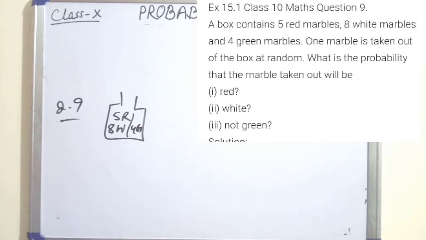One marble is taken out of the box at random. What is the probability that the marble taken out will be red, white, and not green?